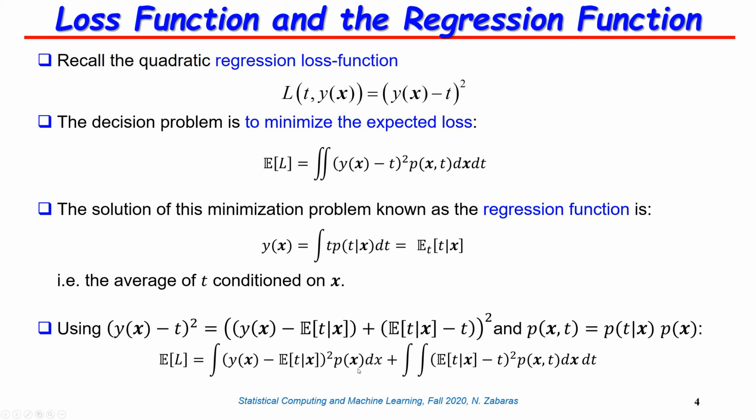This error that you see here, and I only have the distribution p of x here, and then you have this other error, that is the expected value of t given x minus t square times the joint distribution of x and t.